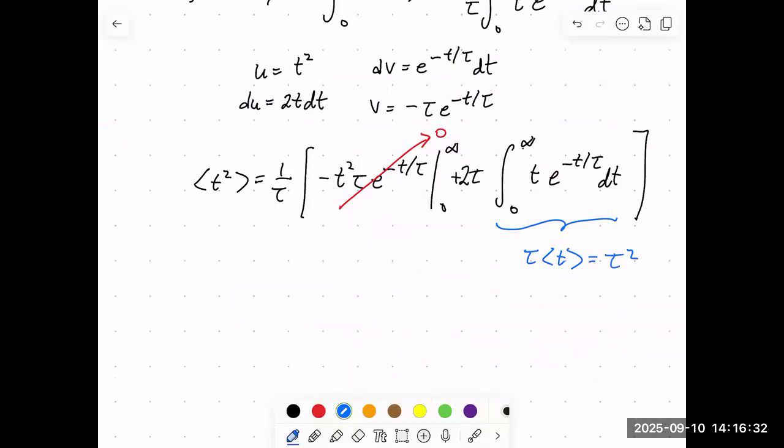Okay, so therefore, what are we left with? This term is 0. We have tau and tau that are going to cancel, so we just get a 2 times tau squared. 2 tau squared, I do believe.